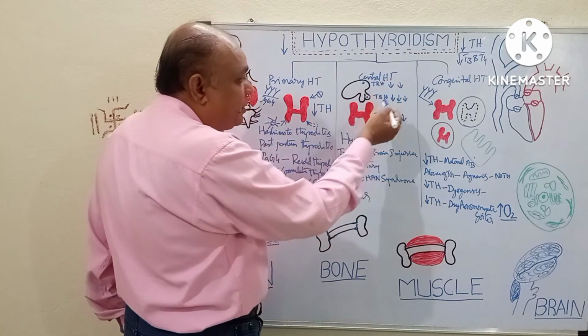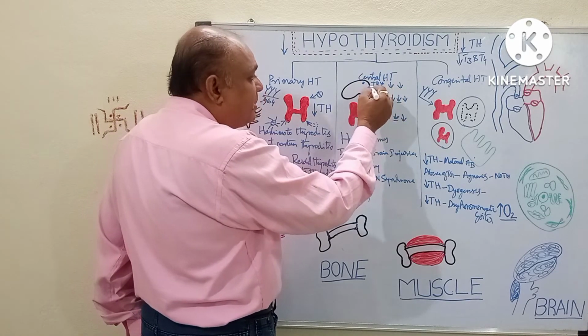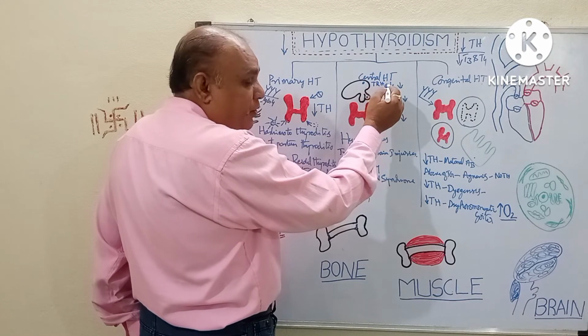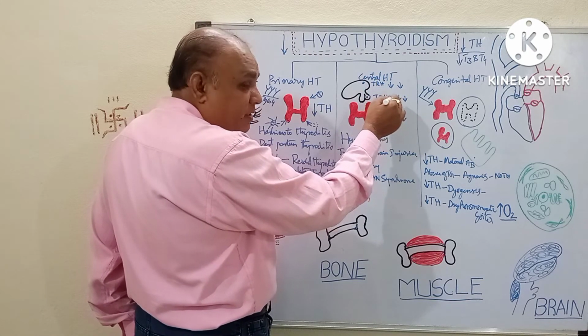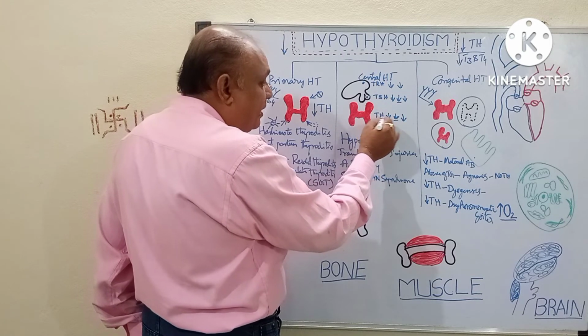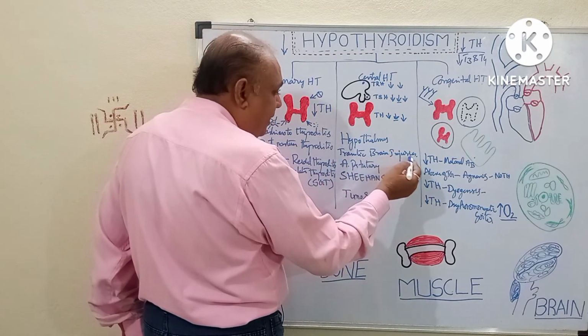Now, in central hypothyroidism, if the hypothalamus for any reason reduces the secretion of thyrotropin-releasing hormone, that will lead to low thyroid stimulating hormone secretion, which leads to low thyroid hormone secretion. A good cause can be traumatic brain injury.